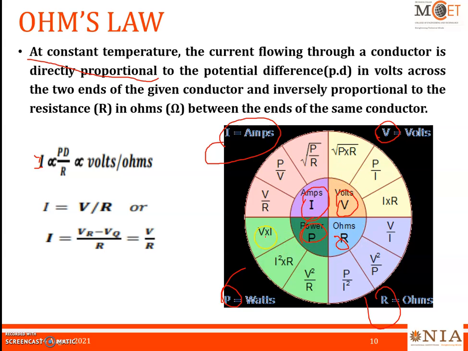P can be represented as V into I, or I square R, or V square by R. R is V by I, or V square by P, or otherwise P by I square. This is the basic relationship between the different parameters.